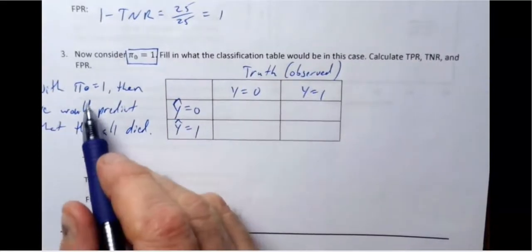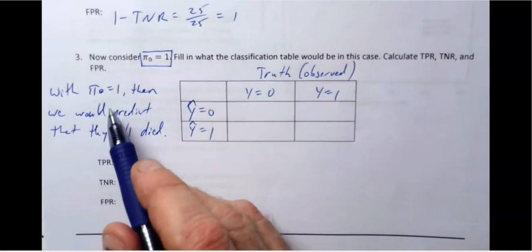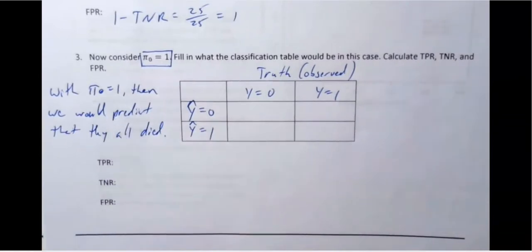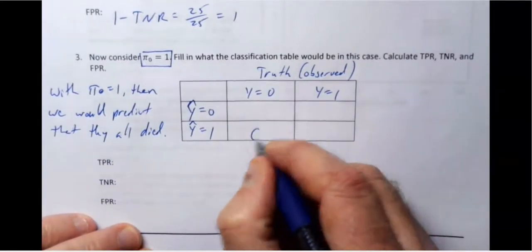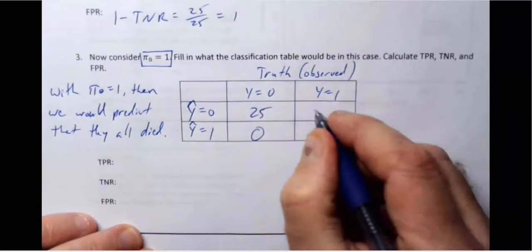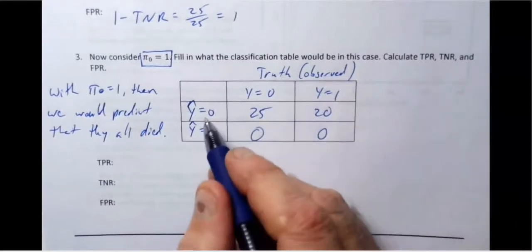Because pi 0 is our cutoff, if we get a predicted probability greater than 1, we'd say they survived. If it's less than 1, we'd say they died. Well, all probabilities are less than 1. So now we're not going to predict that any survive, and the 25 will go up here, and the 20 will go up here. Of the 25 people who actually died, we predict they all died.